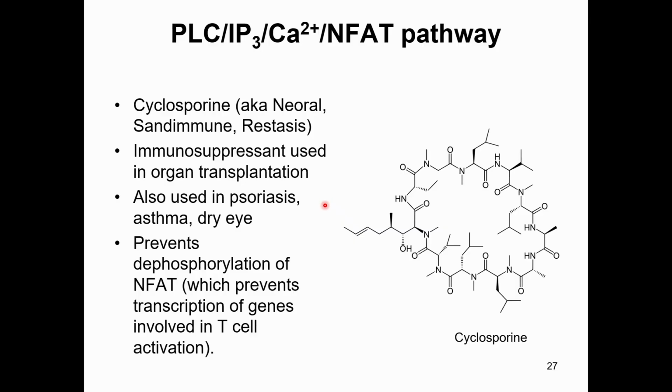It's also used in psoriasis and asthma, another condition called dry eye, which are also kind of immune type responses. But what this drug does is it prevents dephosphorylation of NFAT. And if you prevent dephosphorylation of NFAT, you don't have those transcriptional responses downstream.